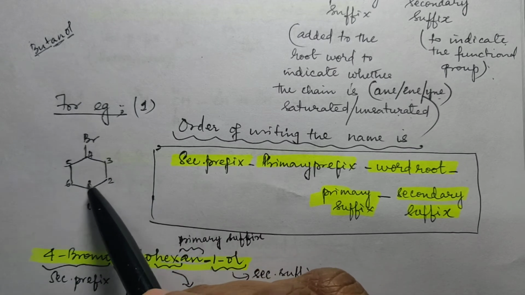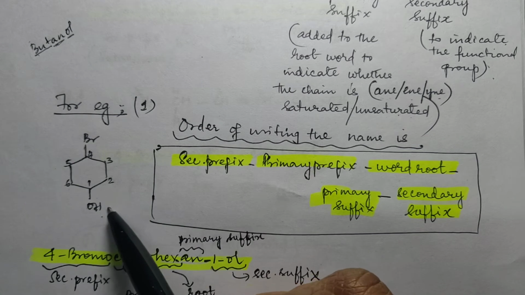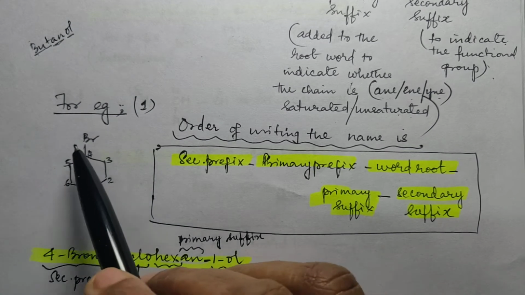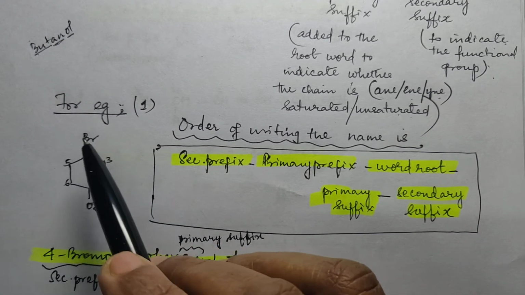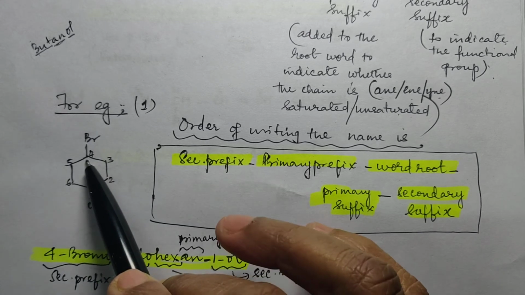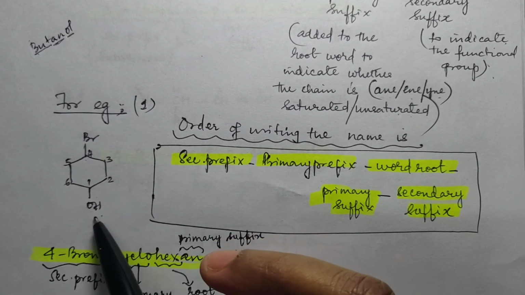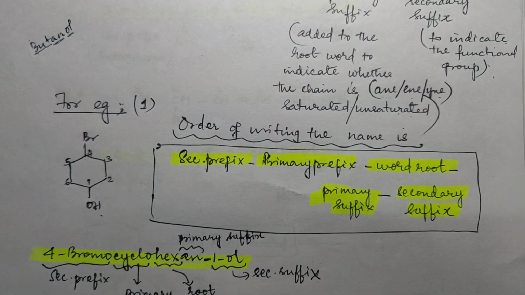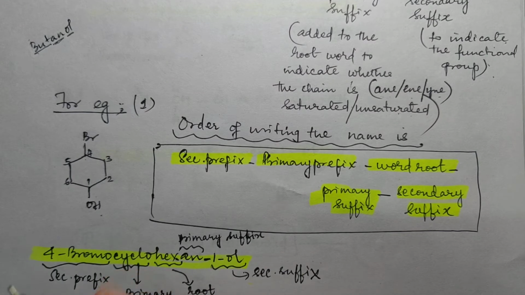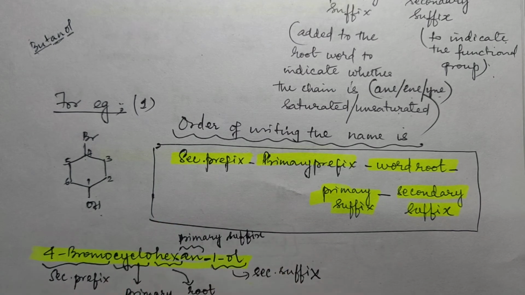Now you may ask me, why can't I start from here? Now this OH is the principal functional group here. Bromine has no significance rather. So we are not giving position 1 to this place. We are giving position 1 to the one which is holding the principal functional group. Now I'll talk about what are principal functional groups a little later. For the time being, alcohol, aldehyde, ketone, acid, they are all principal functional groups.